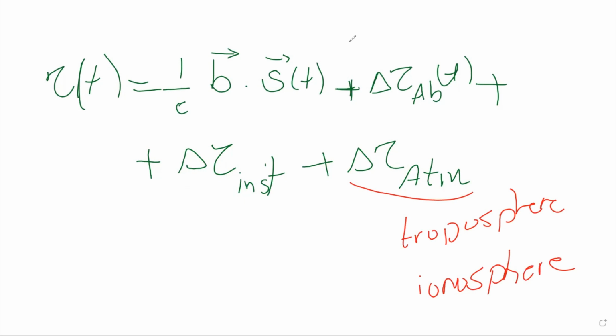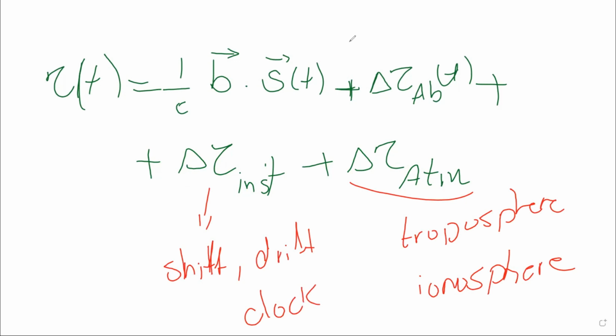Instrument errors are related to the shift and drift of this clock, for example. But normally there is a mathematical model. This is similar to GPS, that this can be modeled by a real simple model like this. This one is shift, and this one is drift.